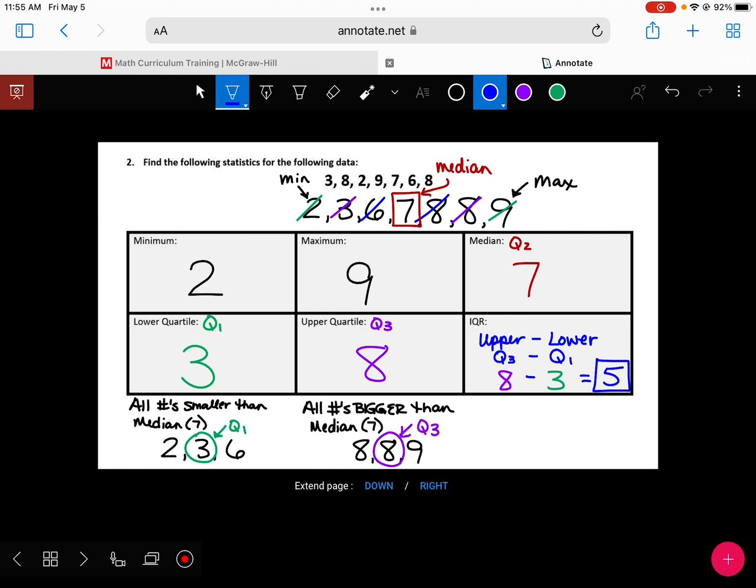Go ahead and put those numbers in order for me. For that next data set, put the numbers in order.